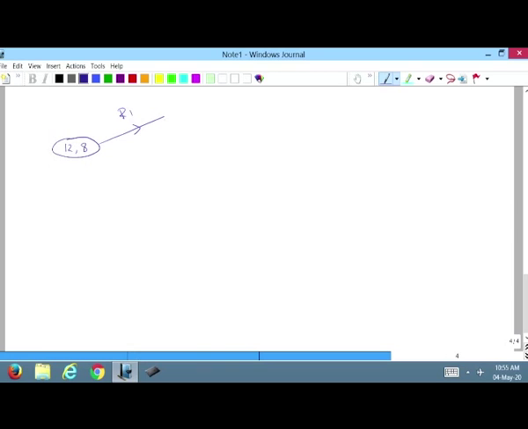Event R1, first ball drawn is red, brings us to 11, 8, and if the first ball drawn is green, then we come to 12, 7. Now, if the second ball drawn is green, then from 11, 8 the configuration is going to be 11, 7, and from 12, 7 it is going to be 12, 6.